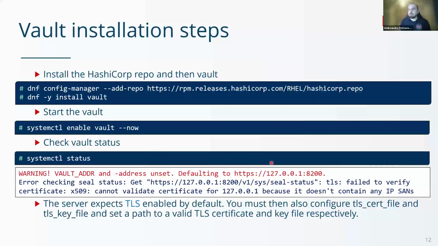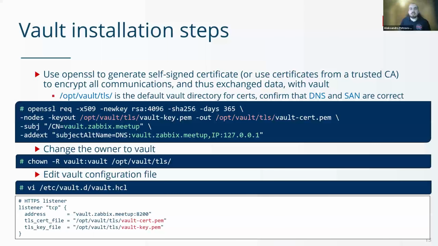And since Vault has a lot of secrets in it, it will expect you to use TLS by default. So it will expect that you will use certificates to encrypt the communications. You would need to configure that as well. There are multiple ways we can get the certificates.